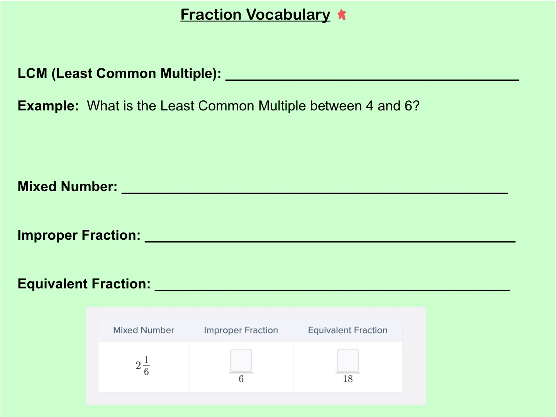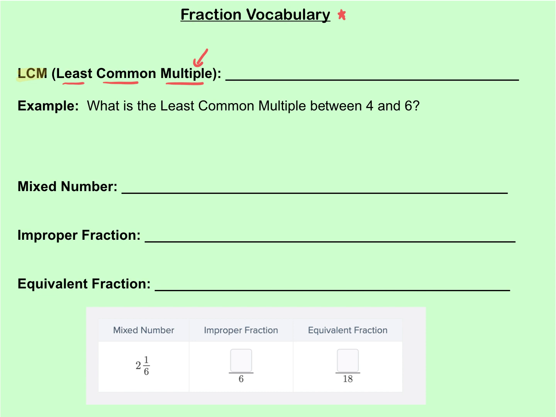The first page, we're going to talk about some vocabulary. We have the LCM, least common multiple, right? The definition of this is pretty self-explanatory. It's a multiple, right? When you're multiplying, that two numbers have in common, and it's the smallest one.